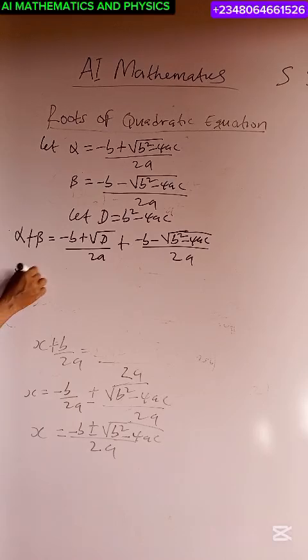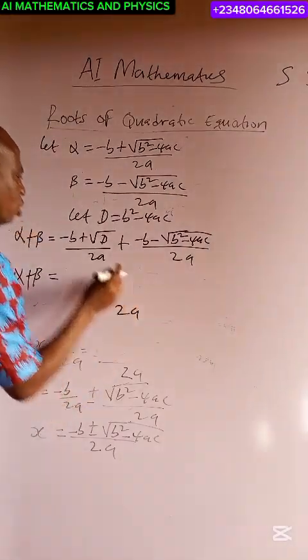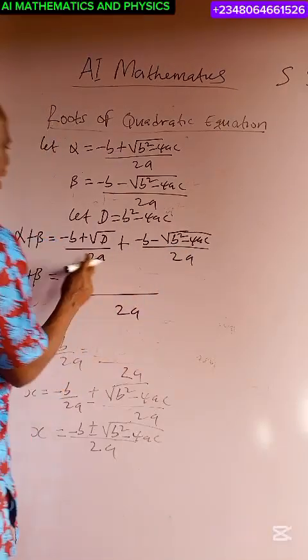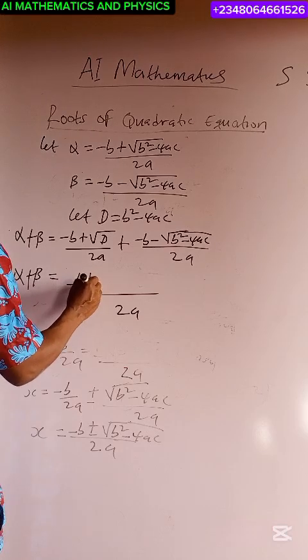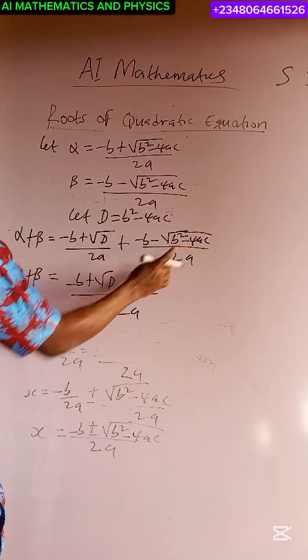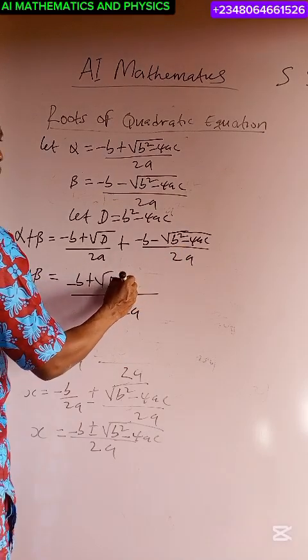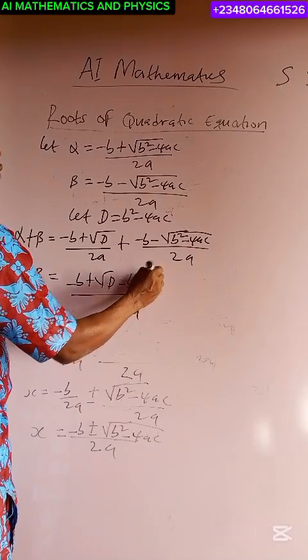Our alpha plus beta will give us 2a, because the LCM of this is here. How many 2a here? 1. 1 times this will give us this thing back, that's minus b plus root D. How many 2a here? The same thing, that's 1. That's minus b minus root D.